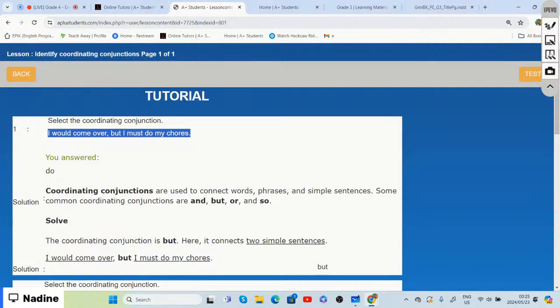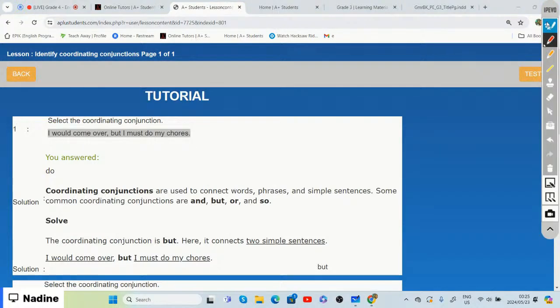If we were to choose the correct answer, we would say "but" is our coordinating conjunction within that sentence.